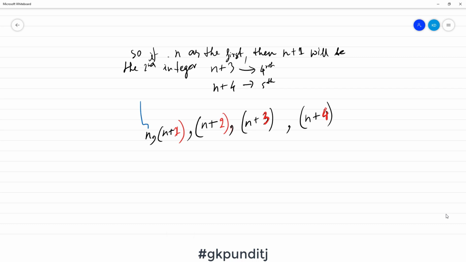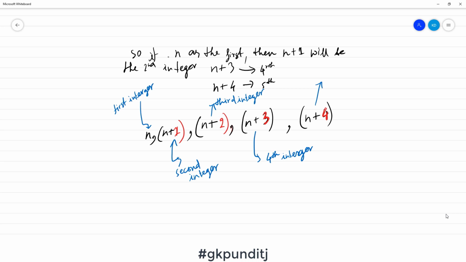This is the first integer, this one is your second integer, this one is the third integer, this one is the fourth integer, and this one, n plus 4, is the fifth integer.